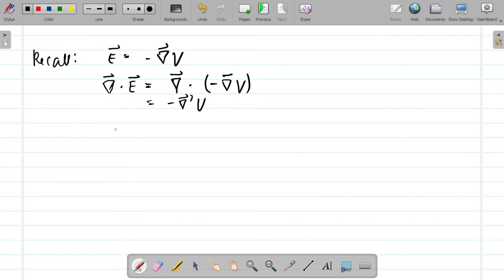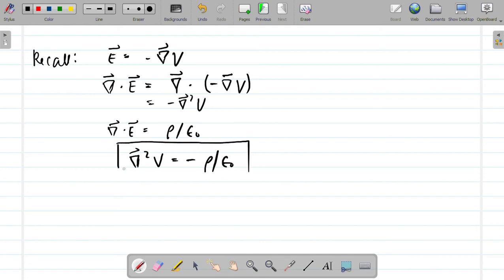Pero class, recall that del dot E is also equal to rho over epsilon naught. Rho is your charge density. So, therefore, we have del squared V equals negative rho over epsilon naught.